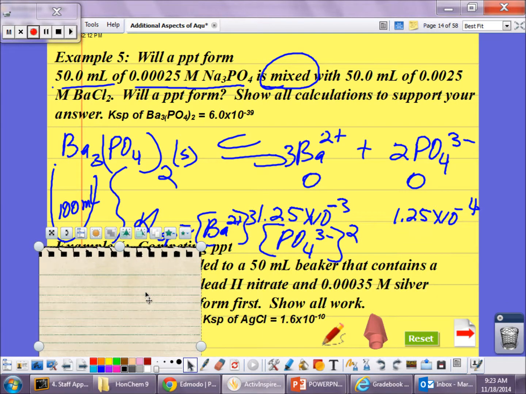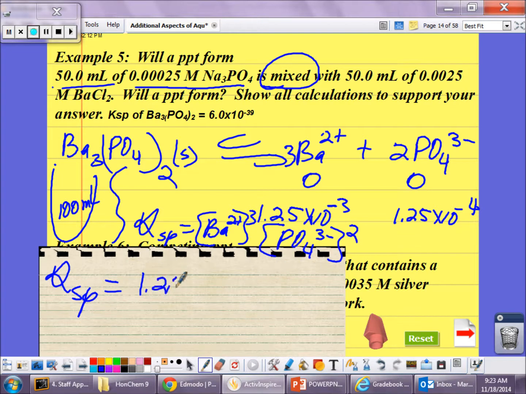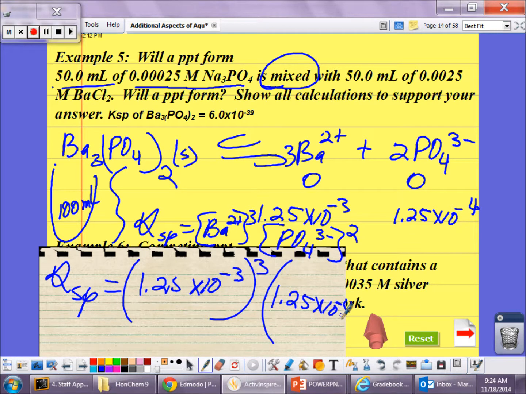So we have, therefore, QSP equals the concentration of barium, which is 1.25 times 10 to the negative 3, raised to the third power, times the concentration of phosphate, which is 1.25 times 10 to the negative 4, raised to the second power. So what is QSP?